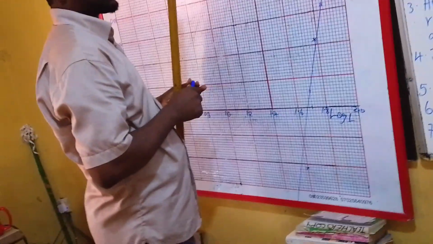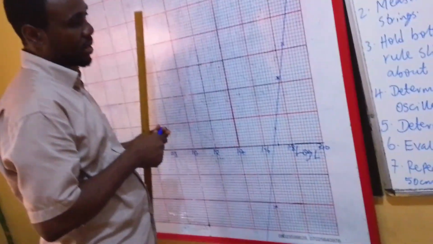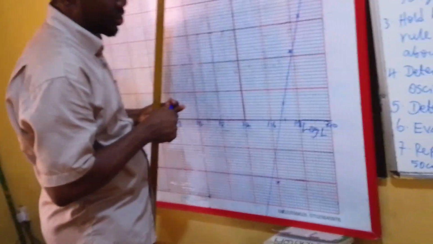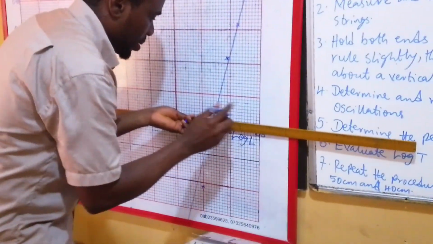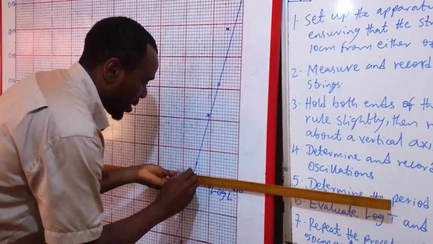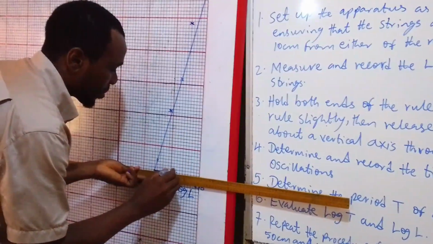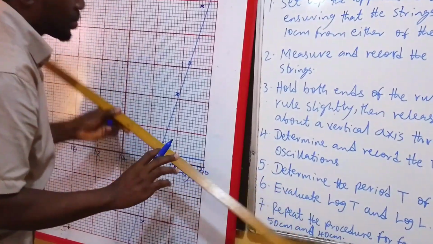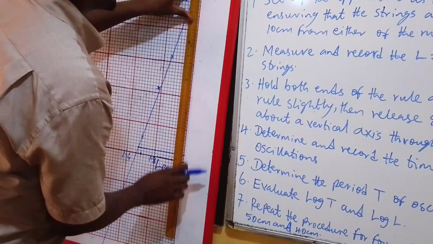So you have line of best fit here. So you can choose your slope. Our slope can be here, any point of intersection. Let me take this as my slope. Your slope should be at least 1/3 of your entire graph. This is my slope.